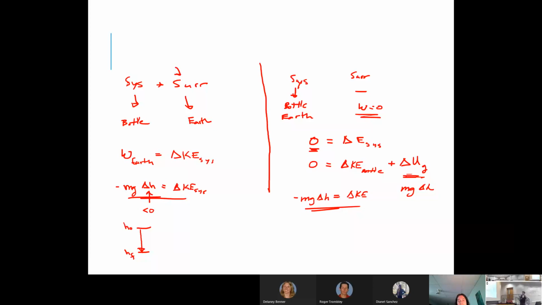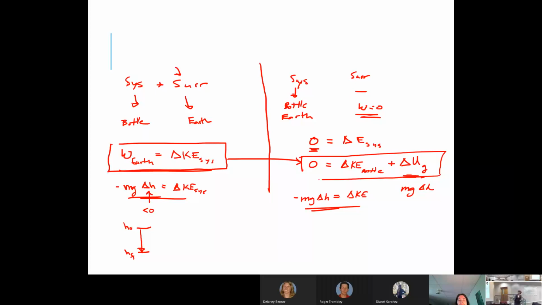So you see, you end up in the same spot using two different conceptualizations. If I go up a line here, I'll highlight this line right here and compare it with this line. To answer the final question, what's the relationship between work and potential energy?